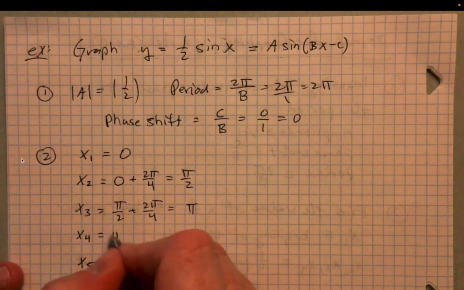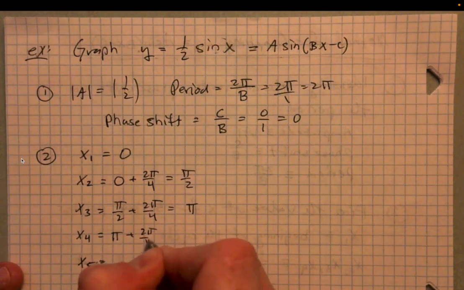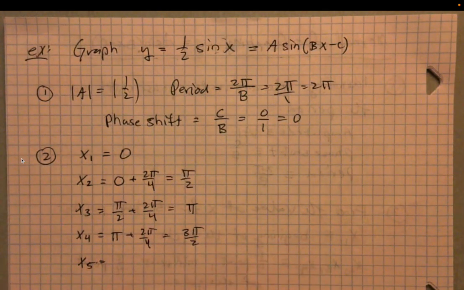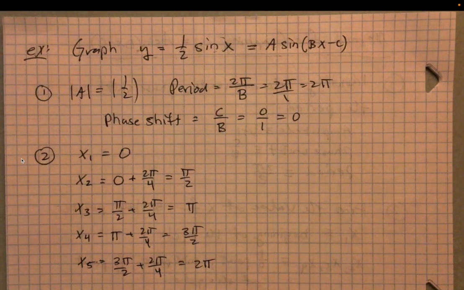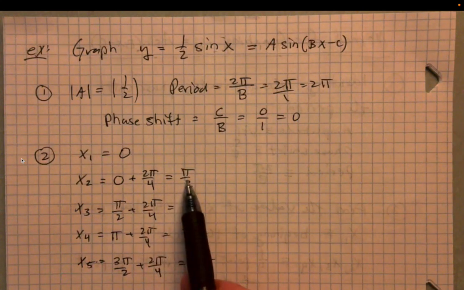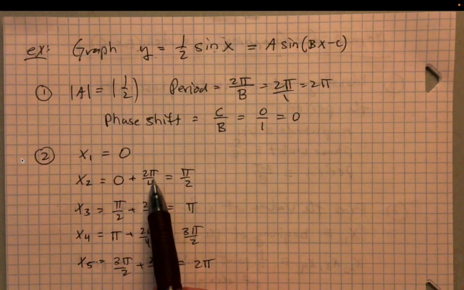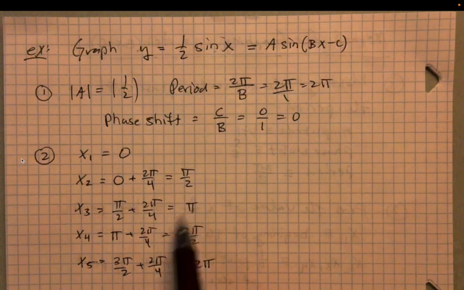Then pi plus 2 pi over 4 is 3 pi over 2. And 3 pi over 2 plus 2 pi over 4 equals 2 pi. No big accomplishment here, since the period hasn't changed, so this is just the regular 0 to 2 pi. But I'm showing you the method: whatever the period is, divided by 4, and you generate these numbers by adding it to the previous point.